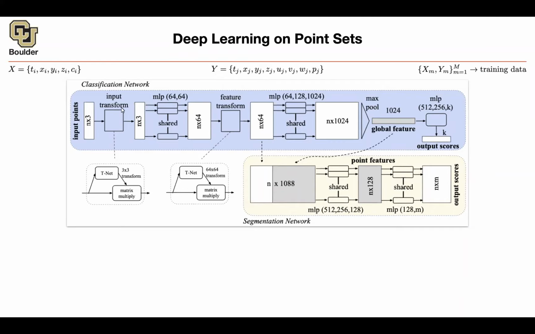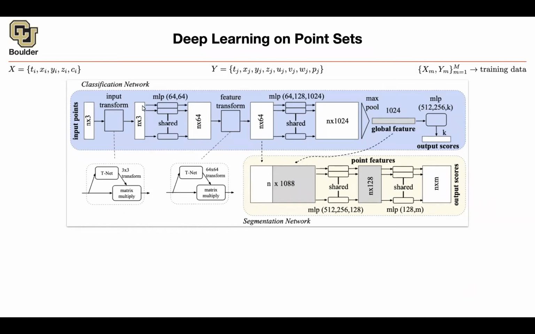What it does, let's forget about this input transformation, which is just a change of coordinates. It takes a point, pushes it through a neural network. It takes you from dimension 5 to dimension 64 to dimension 64, and it's going to give you n points in 64 dimensions.